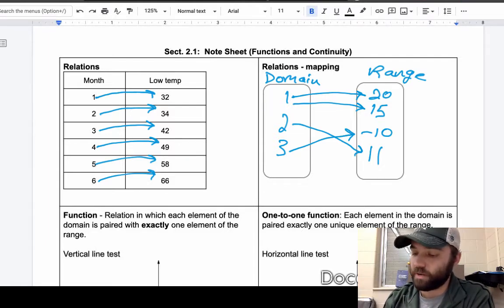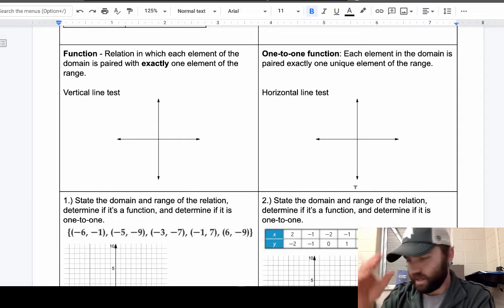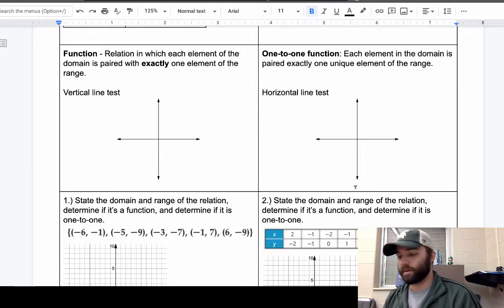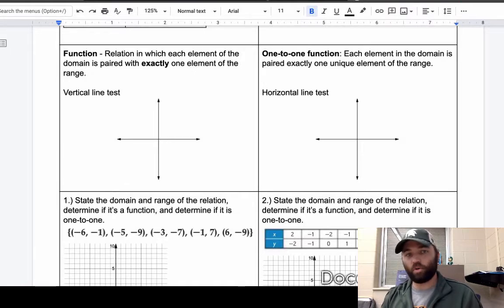Now there's an easy way to remember this. It's called the vertical line test. You won't always have a graph, but you can always make a graph if you want to. So the vertical line test says, your relation is a function if there's no place along the x-axis that you can draw a vertical line in which that line crosses more than one point.